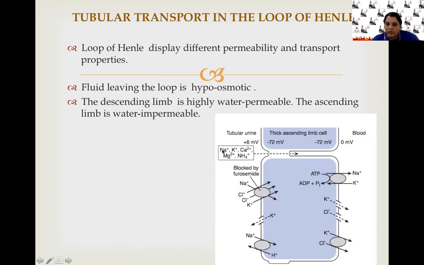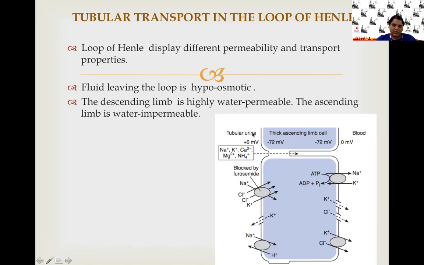The movement of sodium, potassium, calcium, magnesium, and NH4 plus also takes place across the membrane because of the membrane potential gradient that exists from the exterior of the cell to the interior of the cell. So the potential gradient also partly helps reabsorption of solutes. This sodium potassium chloride co-transporter can be blocked by drugs like furosemide.